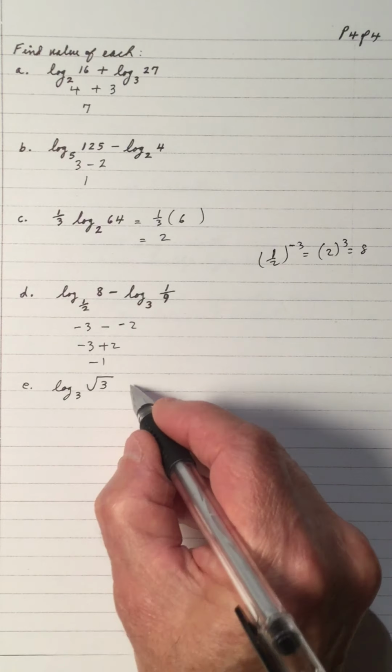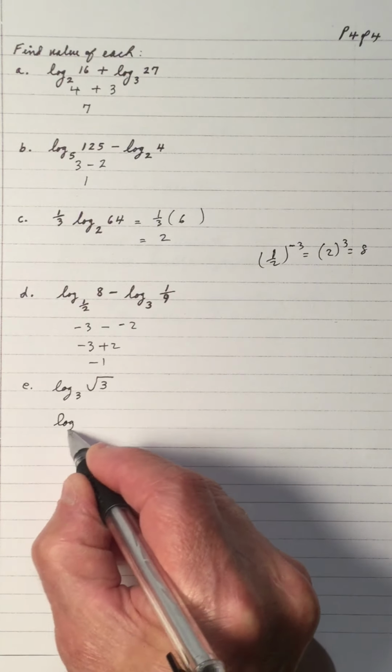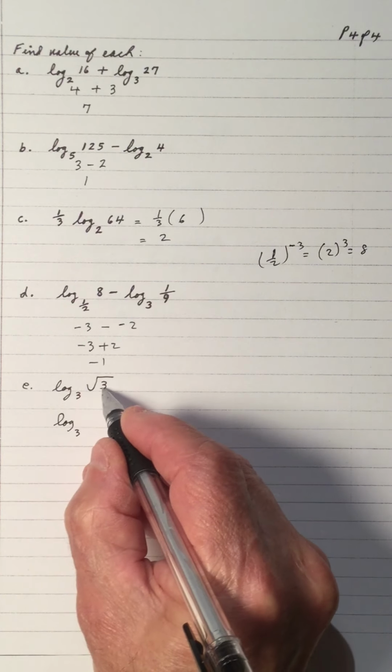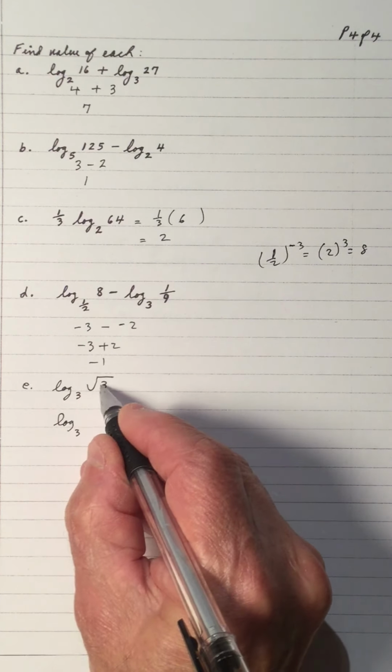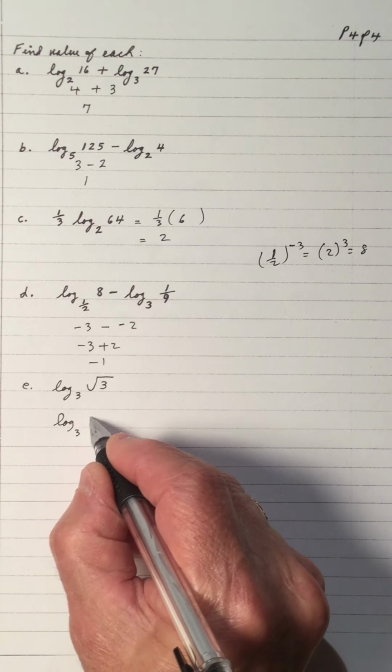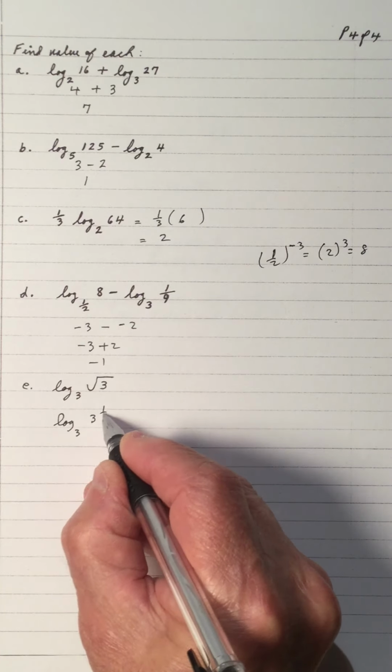And this one's a little bit different. Log base 3 of the square root of 3. Notice that the base is 3. The square root is 3 to the 1/2.